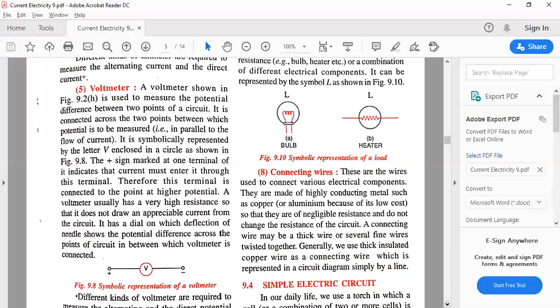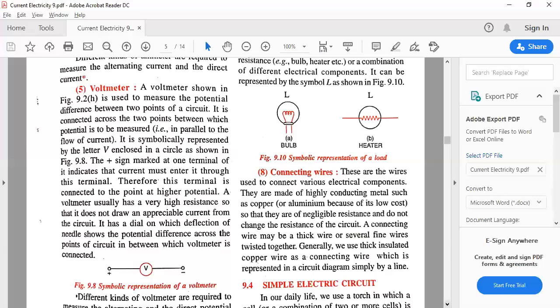So which side has more potential difference? Say one side of a body has 10 volts and the other side has 0 volts. Basically it is flowing from 10 volts to 0 volts, so it is showing the potential difference between the two points.